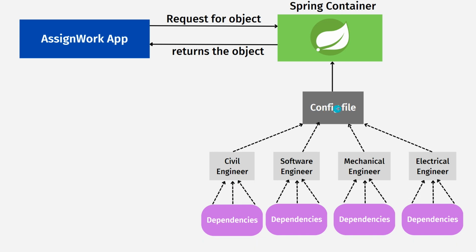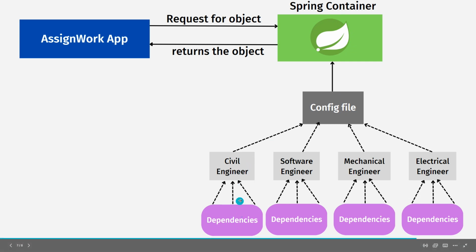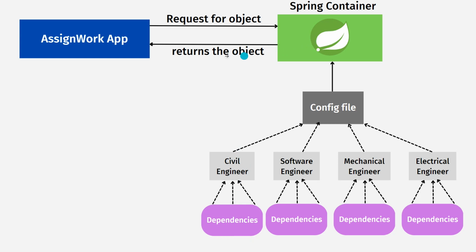So it's a very powerful thing. According to this configuration, the Spring container gives you the object, injects the dependencies of the engineer class, and then returns the whole object to you. That was a high level architecture of Spring, how it actually works.